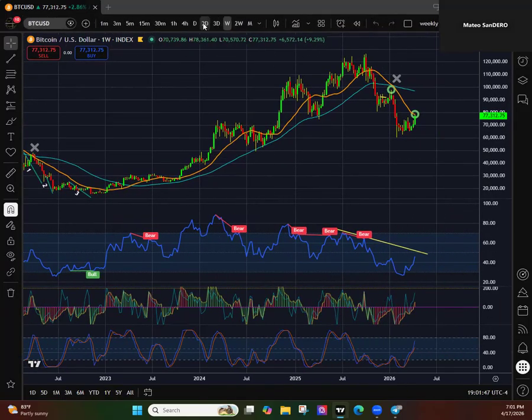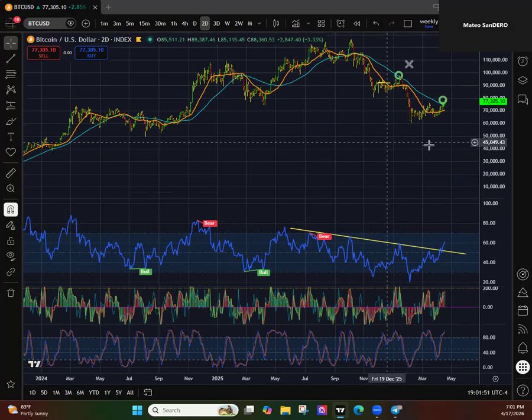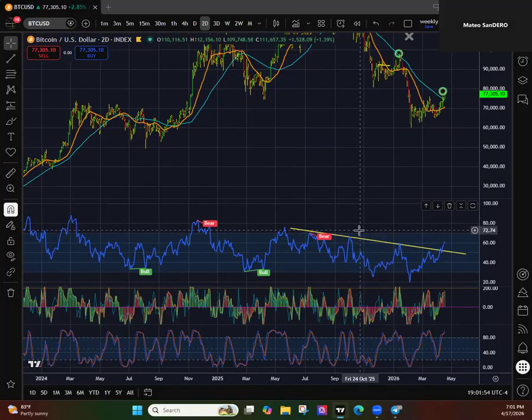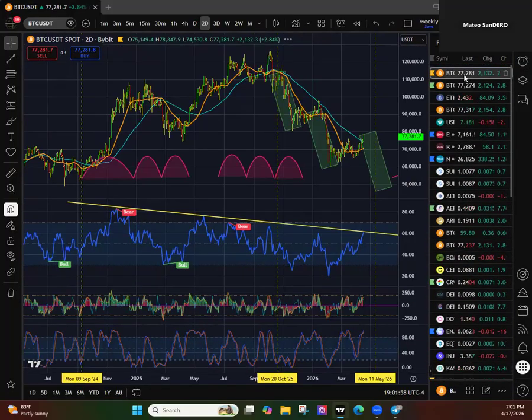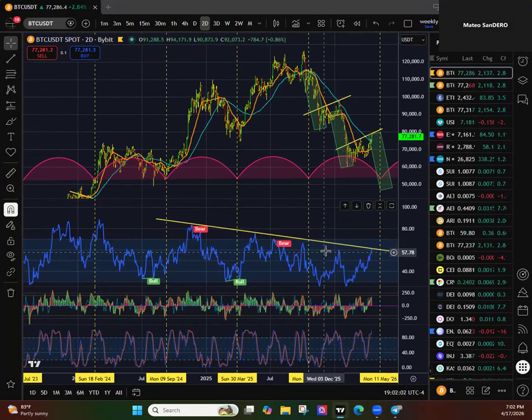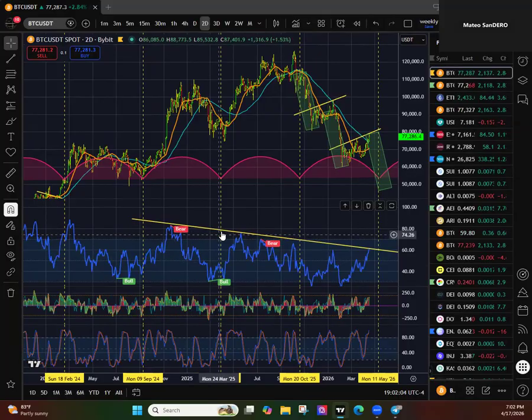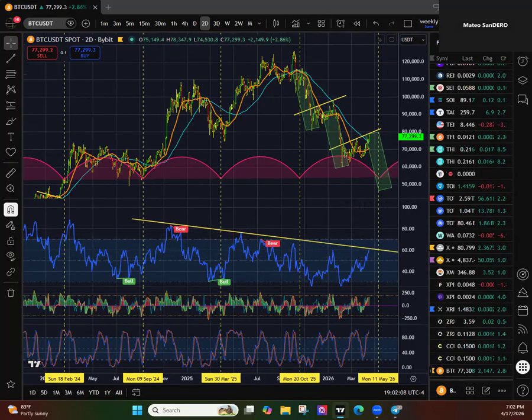which maybe you'll be able to see better on a 2 day. Depending on which chart, you're either testing this trend line or the other one looked like it was breaking it. Those are both 2 days.